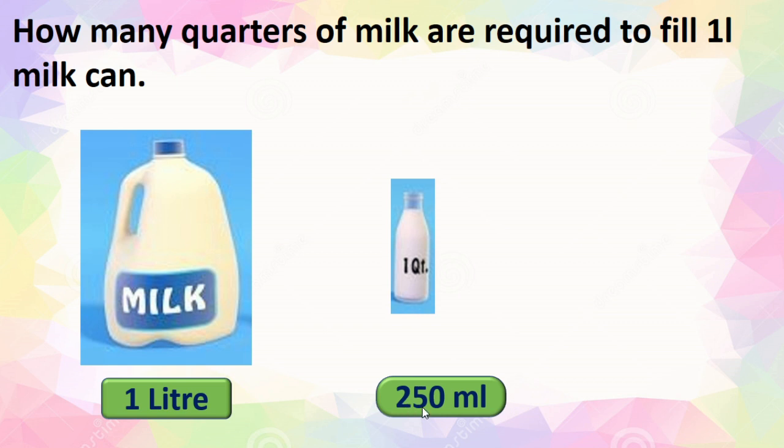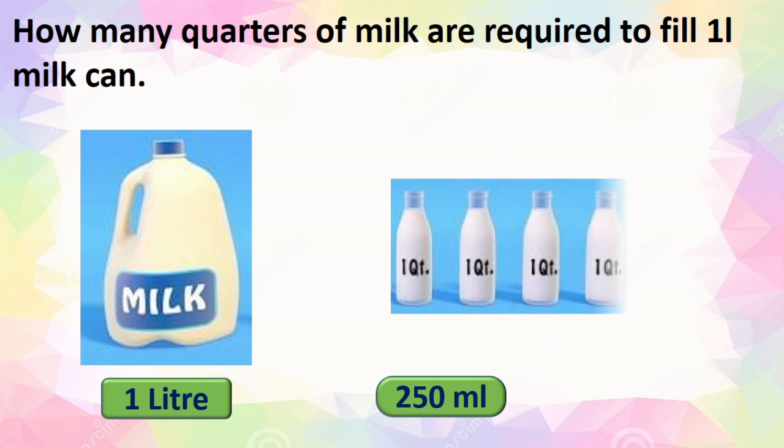This is quarter. You know that one full has how many quarters? 4 quarters. Very good. So 4 bottles I need to fill this milk can. Isn't it? Here 250 into 4, that equals to 1000. That is nothing but 1 liter. Isn't it?